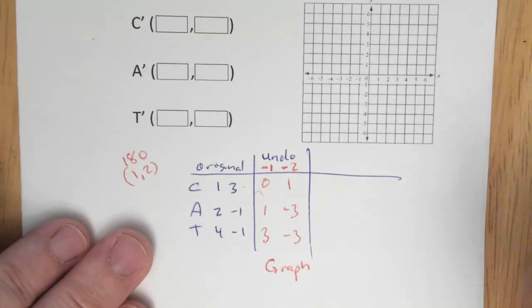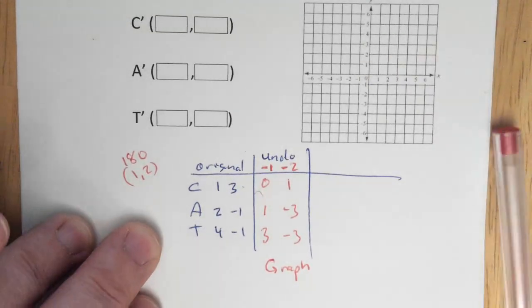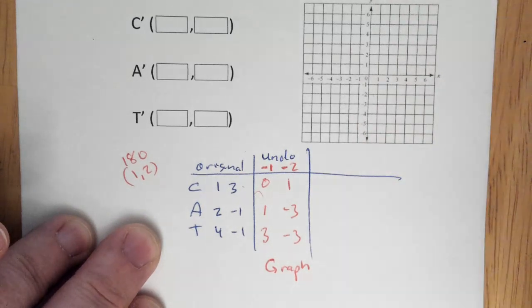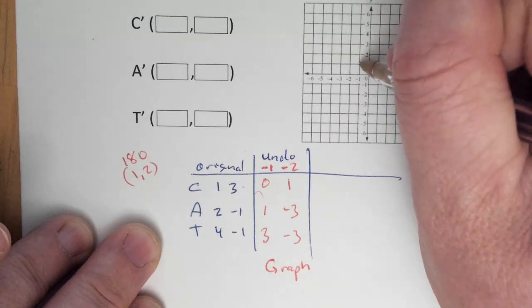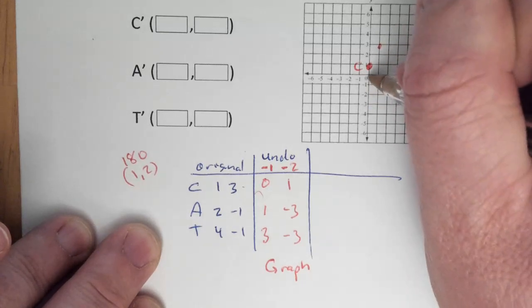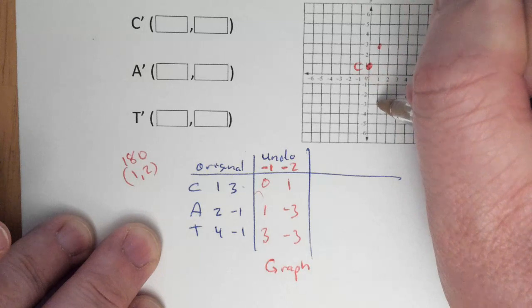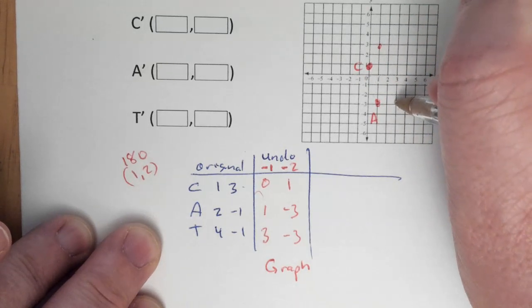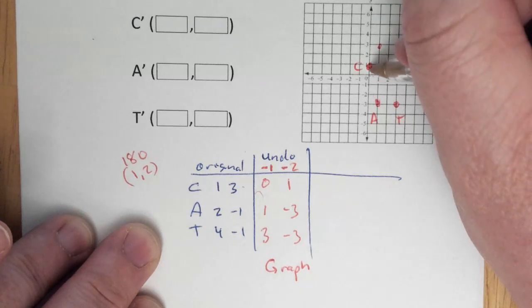Take this point: we have 0, 1. That's my C. We have 1, -3. That's my A. And we have 3, -3. That's my T.